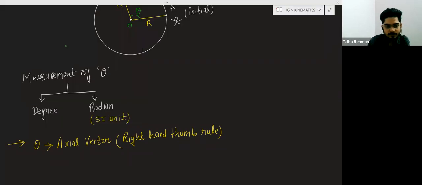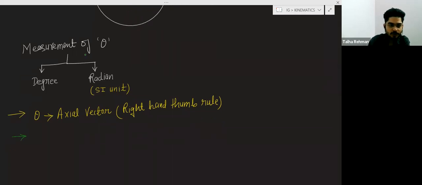Okay, Shafruddin. Yes, sir. Here you will write: direction of theta will be towards the reader.